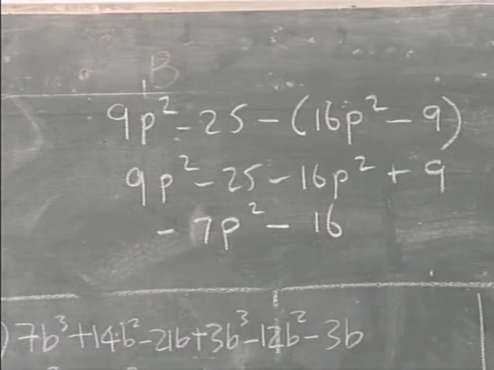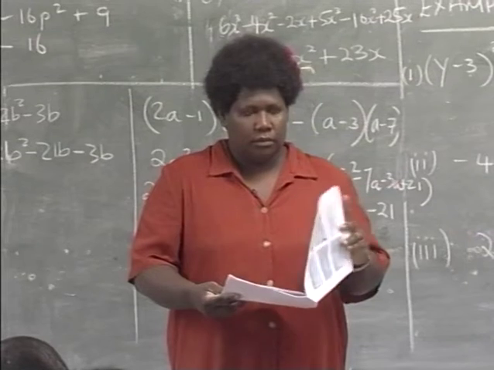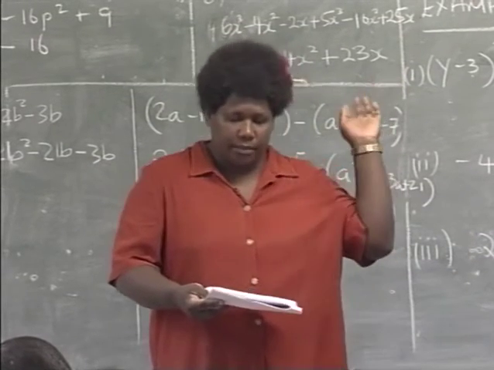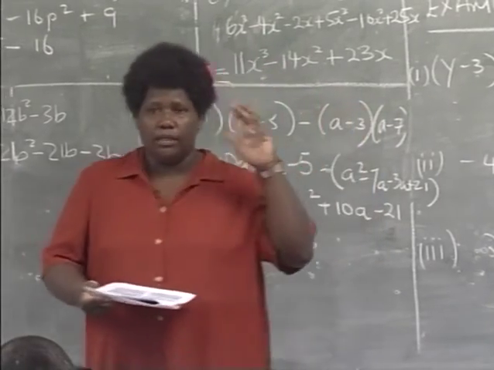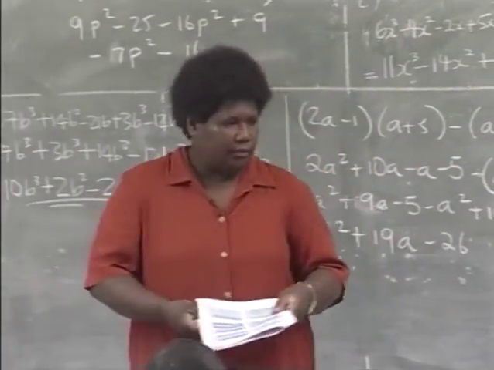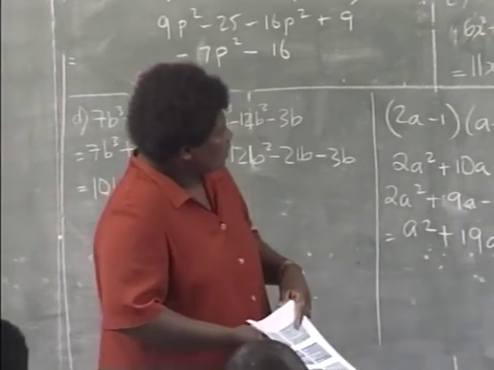So my answer is also wrong there, because I wrote 16p squared as 4p squared. Okay, any questions so far? Any answers that we've looked at that you have questions about?